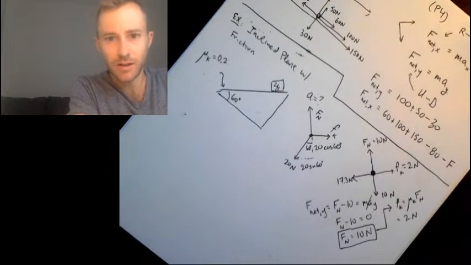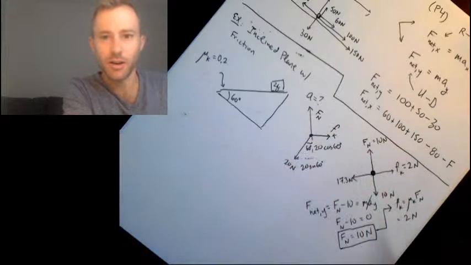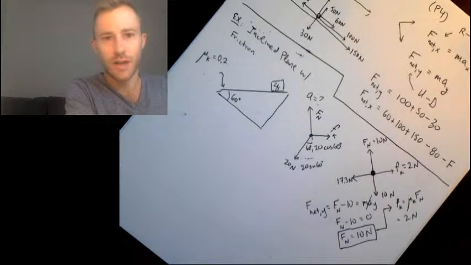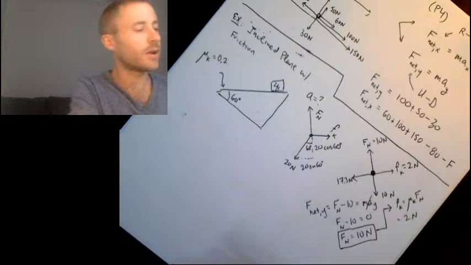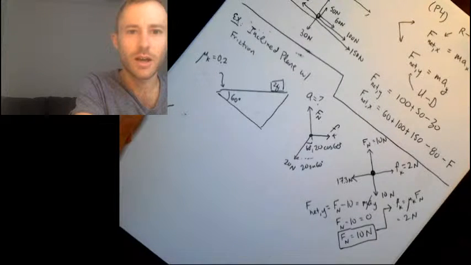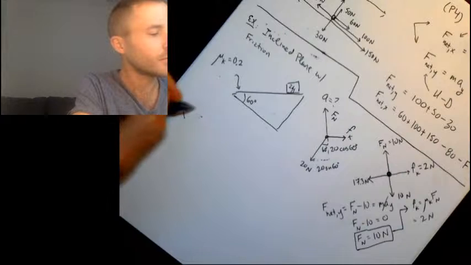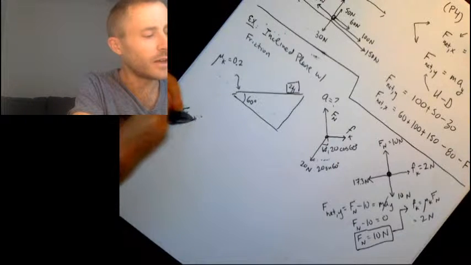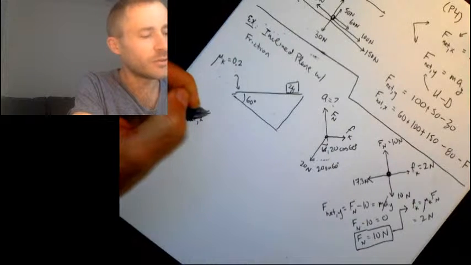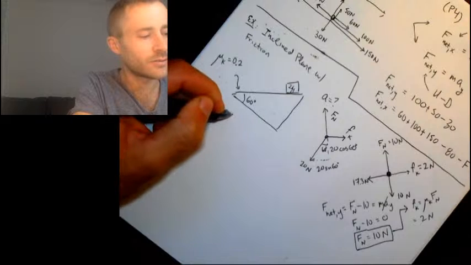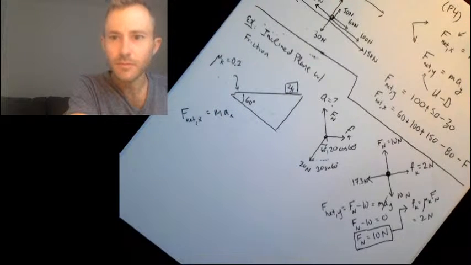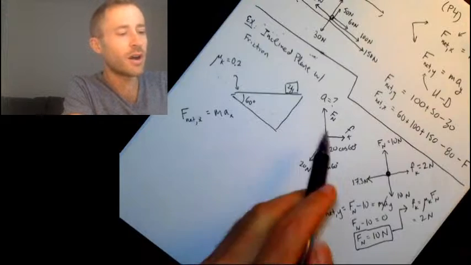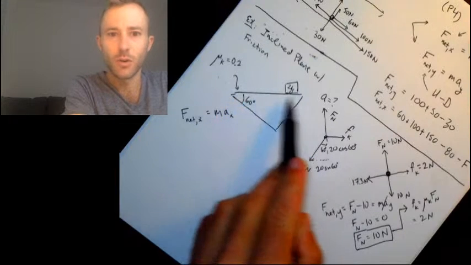Type it into the chat if, based on this free body diagram, you can tell me what the net force in the x direction will be. Okay? So I have net force in the x direction equals mass times the x acceleration. Now keep in mind that the block is moving horizontally.